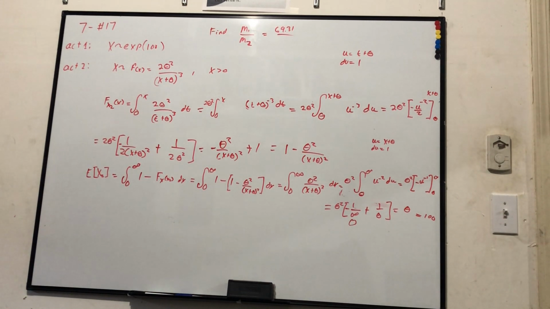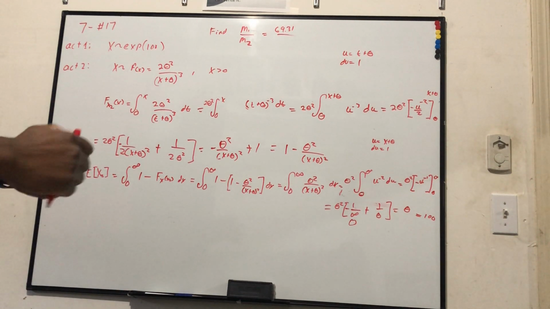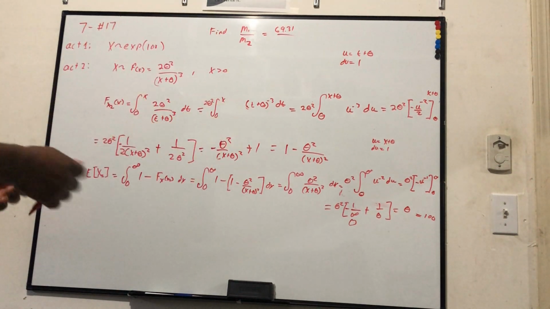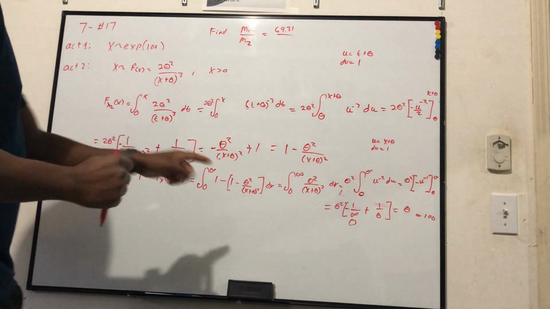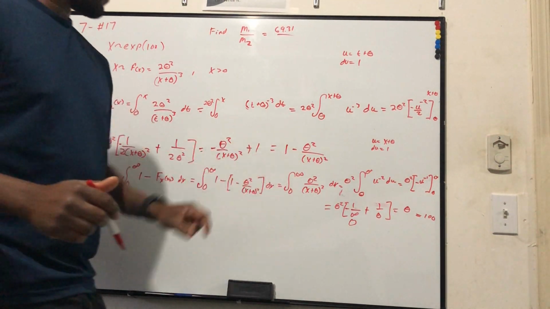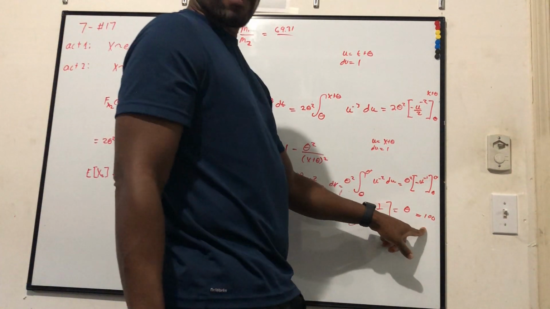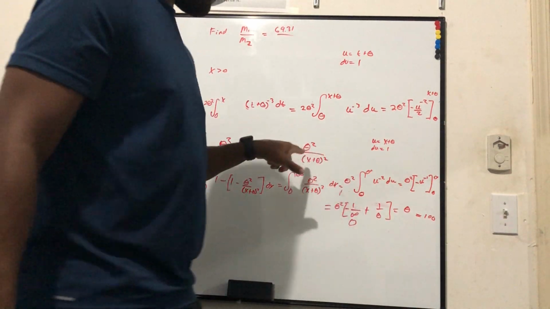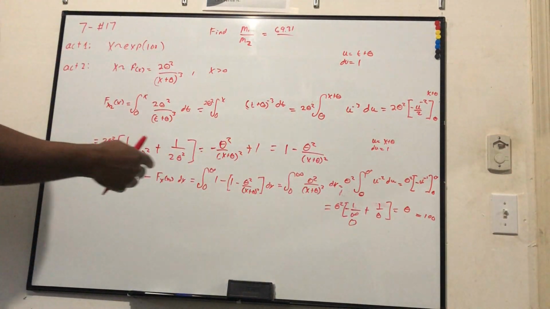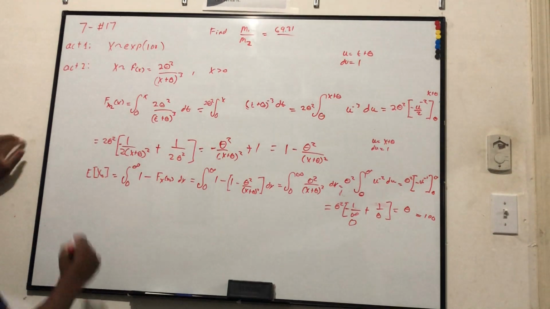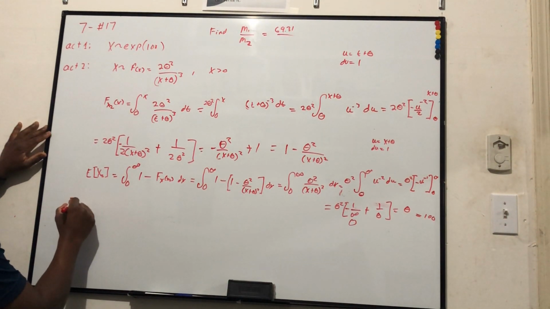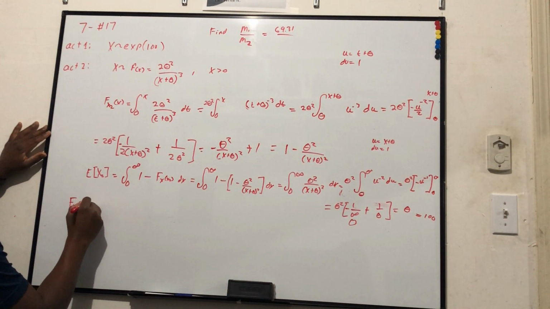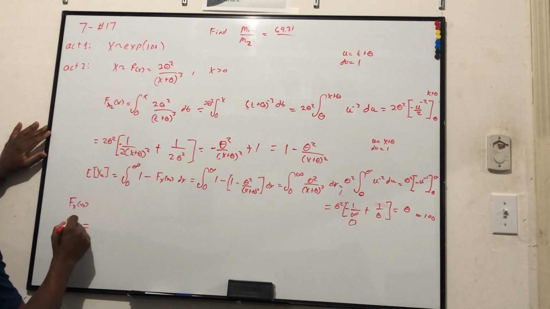Okay, he said, Chris, you did all that, but you still haven't found the median. No, I haven't. I have not found the median. But because now I have the CDF and I know what theta actually represents, now I can throw that back in there and solve for my median. So how do you do that, Chris? Okay, well, remember, using my CDF of X2, my median is equal to 0.5 here.